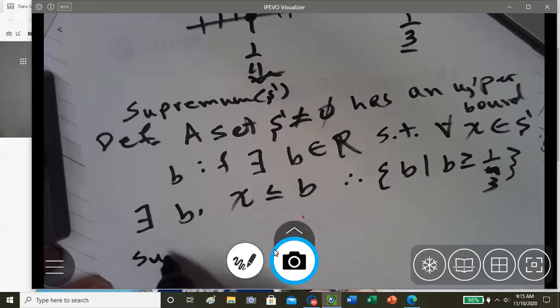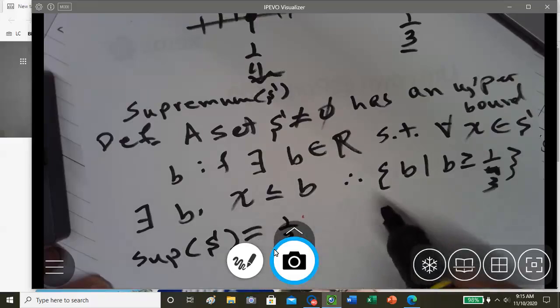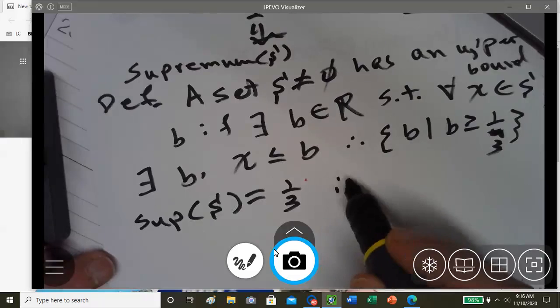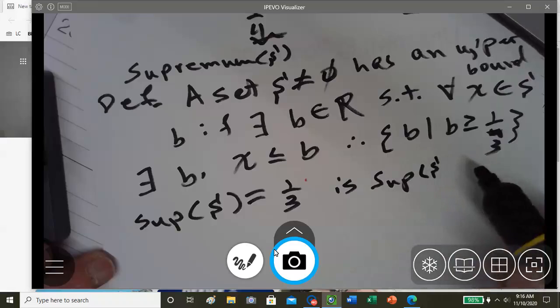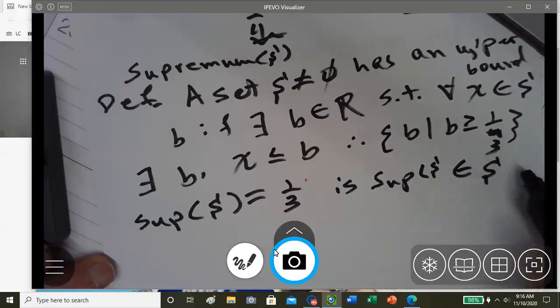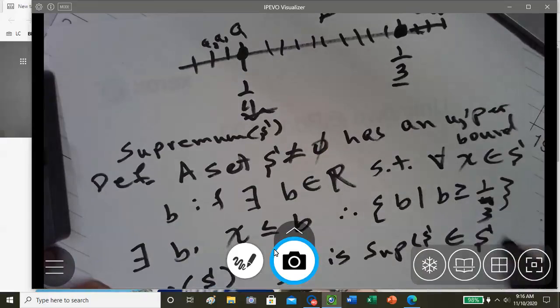Okay, so therefore the supremum for set S is 1/3, and we want to know, is the supremum for set S an element of set S? Well, because it's a definitive point, we would say yes.